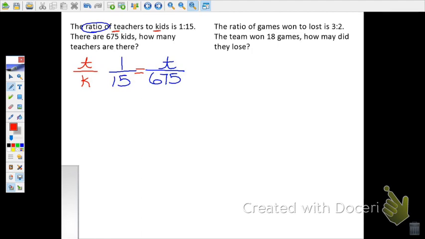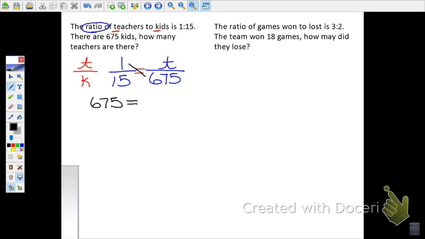So now that I have my proportion set up, I'm going to cross multiply. So when I cross multiply in one direction, 1 times 675 is 675.